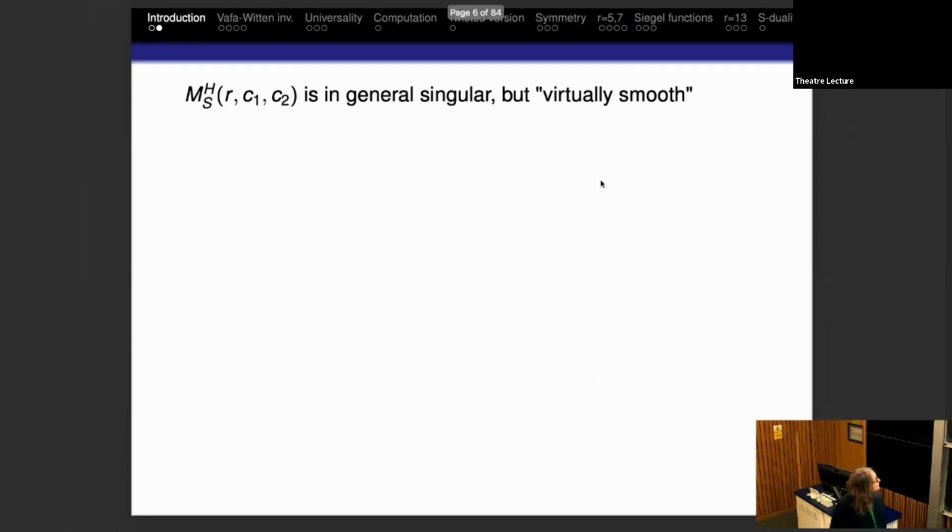Okay, so now these moduli spaces are in general singular, and in particular, it's maybe not very likely that the Euler numbers will be particularly nice, but they are what one could call virtually smooth.